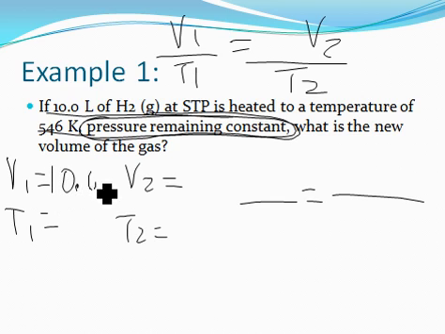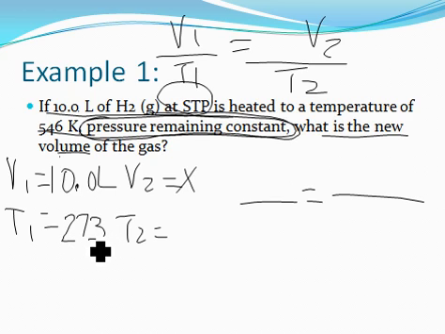We want to know what the new volume is, so that's our X. It was originally at STP, so our original temperature, we have to look at the very front of our reference table. It says 0 degrees Celsius or 273 K, and it's heated to a temperature of 546. Now here, remember, it says 0 or 273, but we have to use the Kelvin value. So taking the variables and plugging them in, we have 10 over 273 equals X over 546.